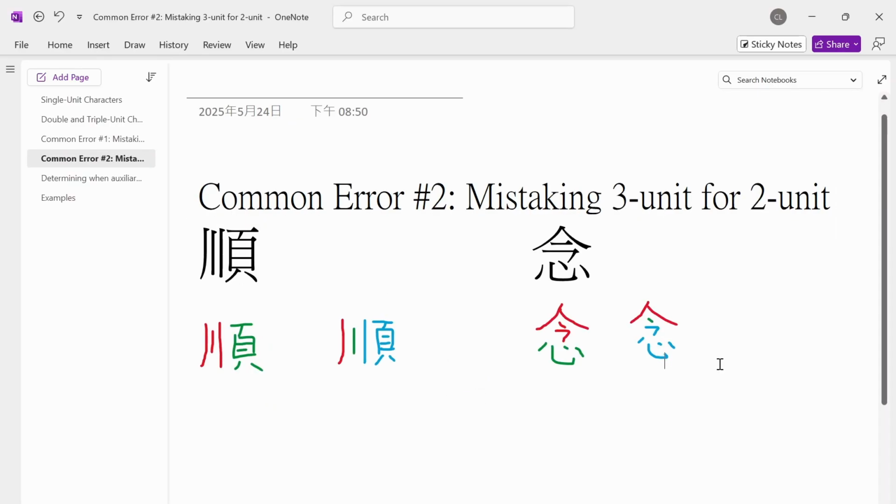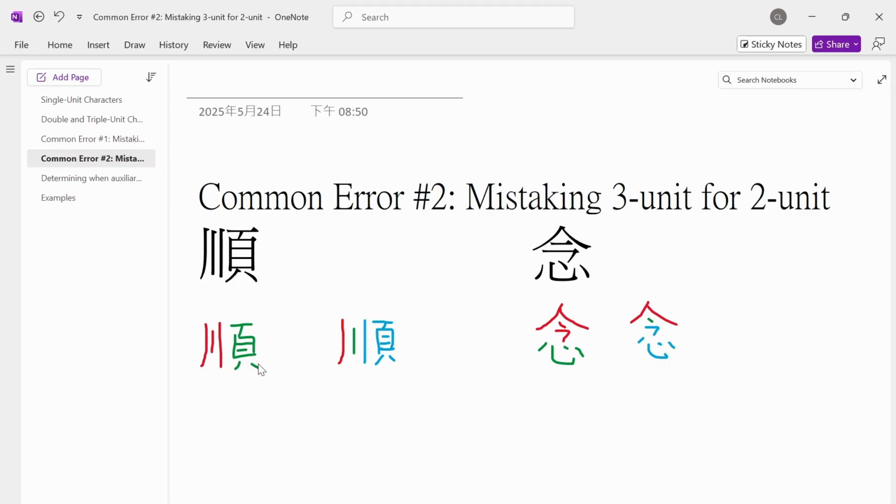Another common error is mistaking triple unit characters for double unit characters. For example, the character Sun is a triple unit character. The reason for confusion is that the left side contains the character Chun. Thus, people mistakenly assume that it is one unit, and the right side Yi is the second unit.